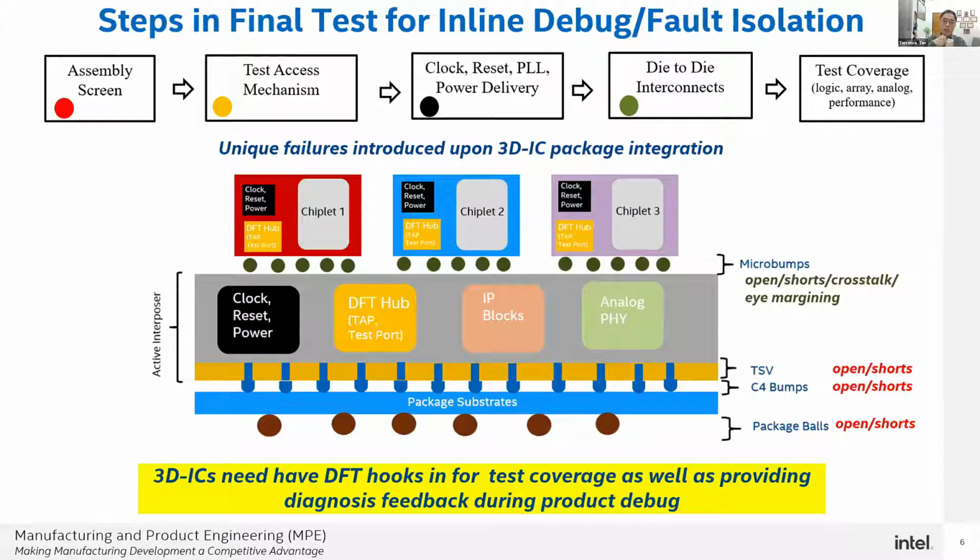In other words, the density of interconnect will increase, which means you're going to see more failures on the die. So your die-to-die interconnect test will need to include mechanisms to detect crosstalk-type failures. I believe that was covered in yesterday's sessions, because when you have hybrid bonding, you're going to pack more.